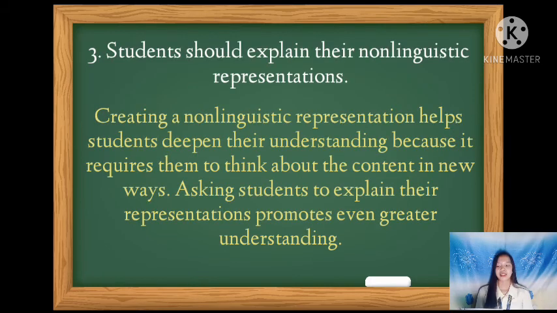Number 3, students should explain their non-linguistic representations. Creating a non-linguistic representation helps students deepen their understanding because it requires them to think about the content in new ways. Asking students to explain their representations promotes even greater understanding.